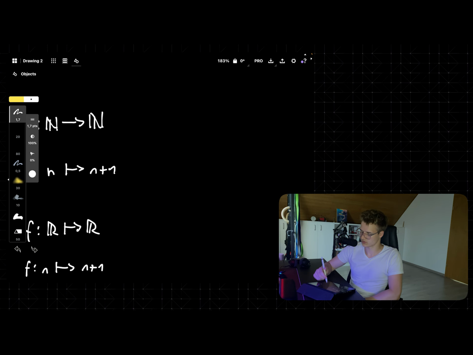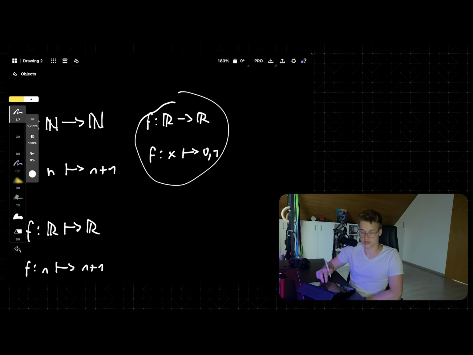So for example, we can say f maps from reals to reals, and it takes the real number and increases it by 0.1. Well, this works for real numbers. This is fine. But what if we have natural numbers?